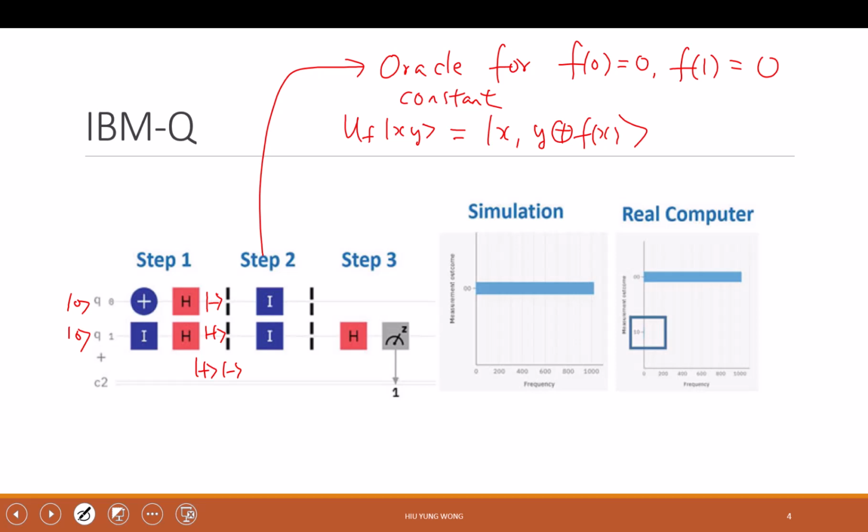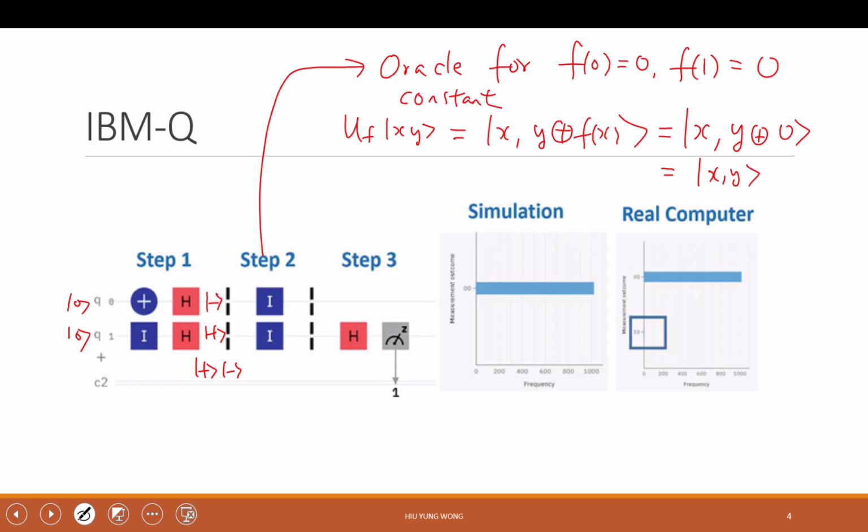But what is f of x in this case? It is constantly 0, right? Because f of 0 is 0, f of 1 is 0. It turns out this is the function I try to evaluate, right? So what is this? 0 exclusive or y is always just y, right?